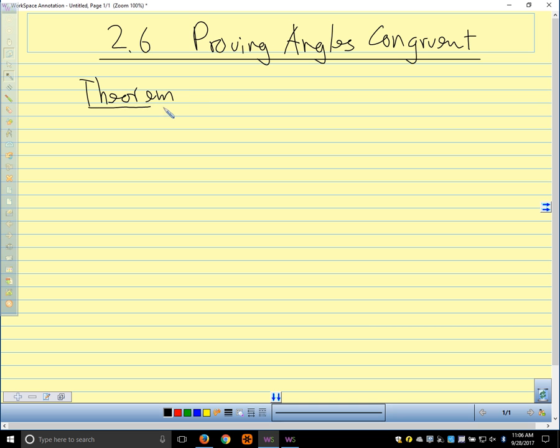And a theorem is a conjecture, and remember, a conjecture is just something that we think is true. A conjecture that we prove is true.